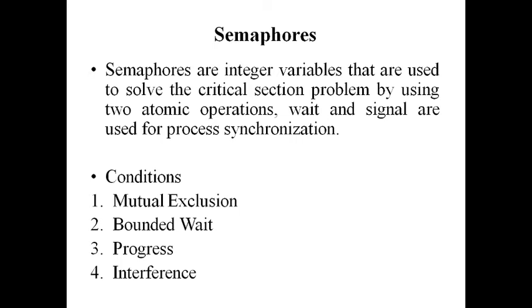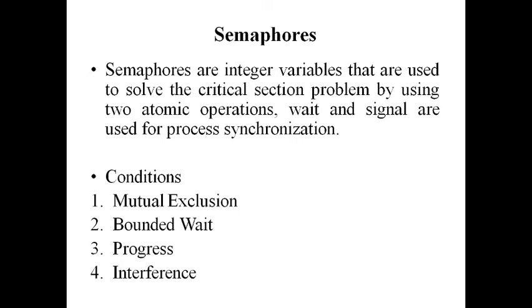The competition to enter the critical section has to be between P1, P2, P4 but not P3. P3 should not enter the competition because it does not want to use the shared variable in the critical section. So it should not compete with the remaining processes. That is called progress.